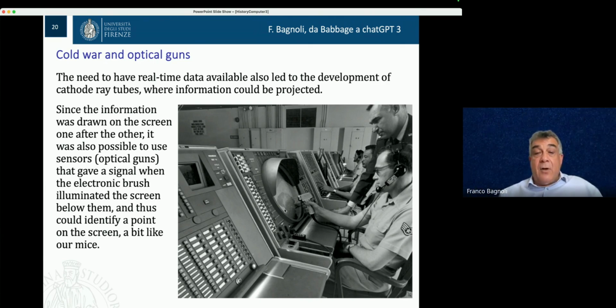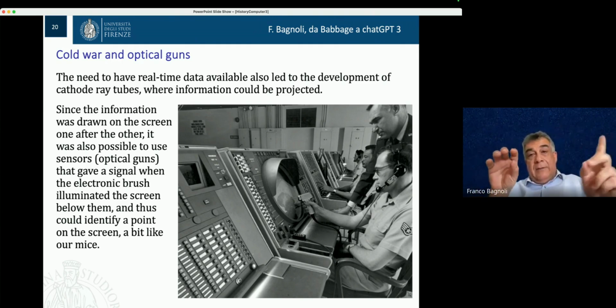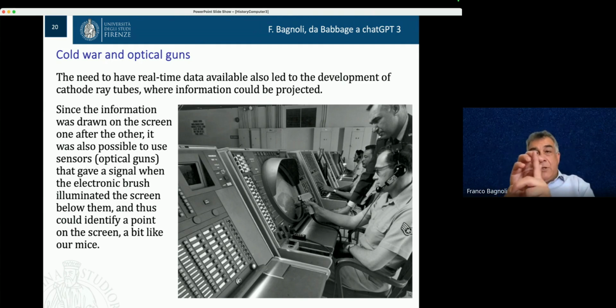So, for instance, they developed optical guns like this one, that work in this way: since the pattern in a radar screen and also in the computer screen was written line after line, if you have a sensor which was synchronized with the writing, the time at which something is drawn on the screen gives the computer information of where the gun was pointing.